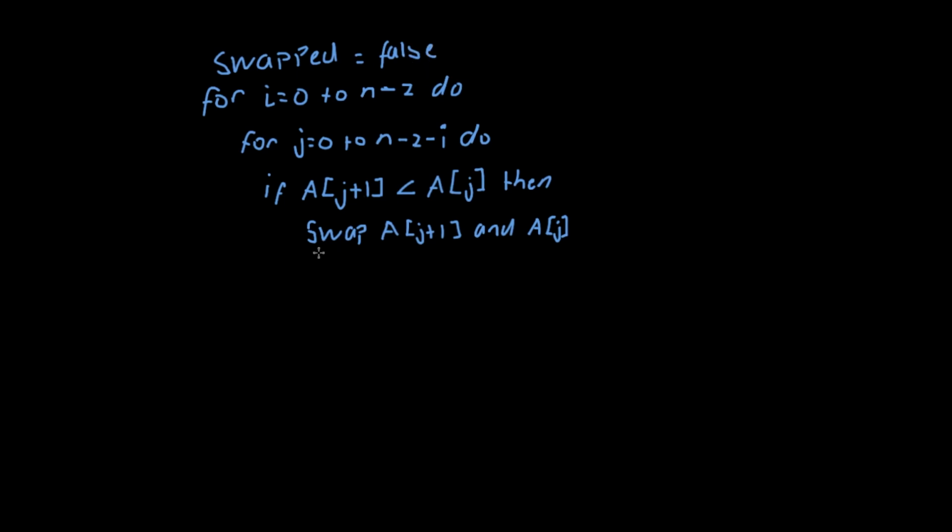And once we go down to where the swap is, we can add swapped equals true. We use a boolean flag called swapped. We set this to false, and this tells us if the elements have been swapped or not.